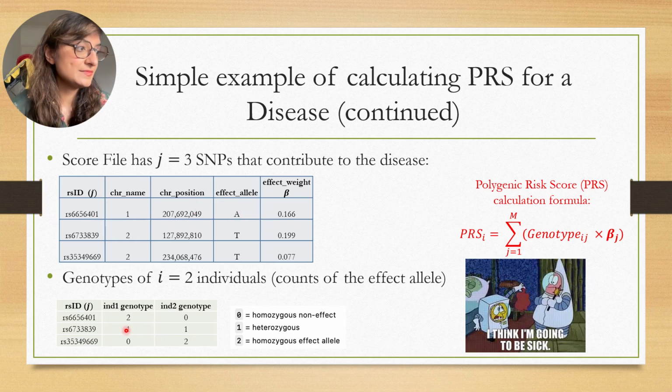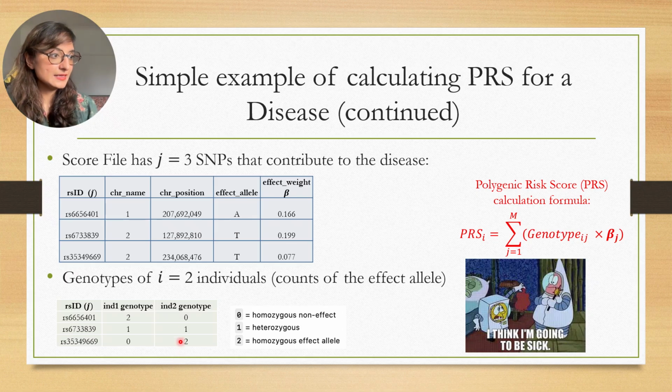Similar to the first individual, they have one of the T alleles at this position from one parent, and from the other parent they have the other one. And lastly, for this individual at chromosome 2, at position 234,068,476, they have a TT at that spot, one from the biological mother, one from the biological father. So this is the genotype data that we have.